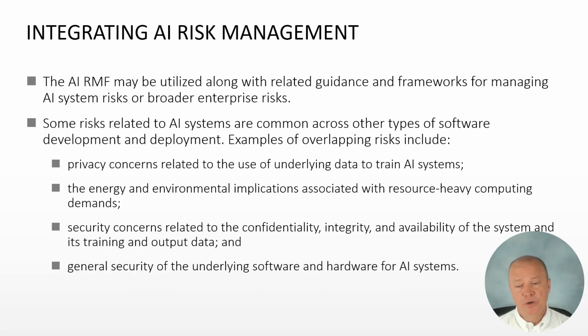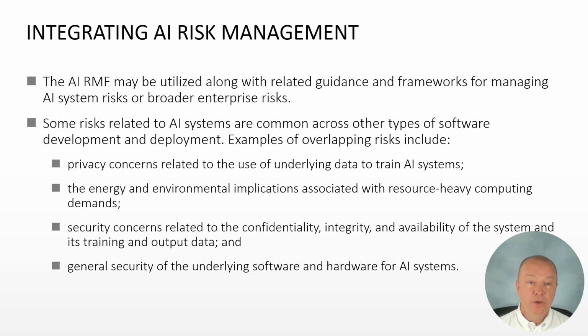And as I said earlier, organizations shouldn't think that they have to go with one framework or another. They can actually blend two frameworks or more to get their right solution for managing their AI risk. So the AI risk management framework can be utilized along with related guidance and frameworks for managing AI system risk or even broader enterprise risk.